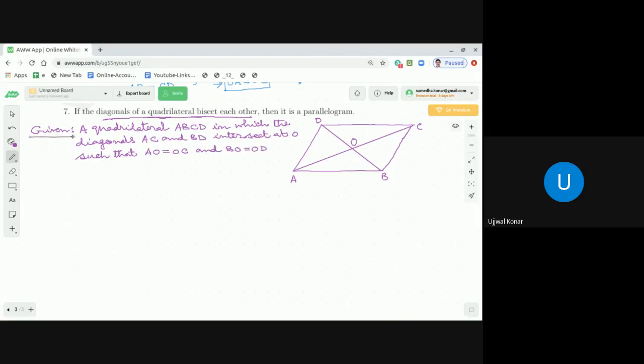That is given. Okay. And what you need to prove? We need to prove that the quadrilateral ABCD is a parallelogram.